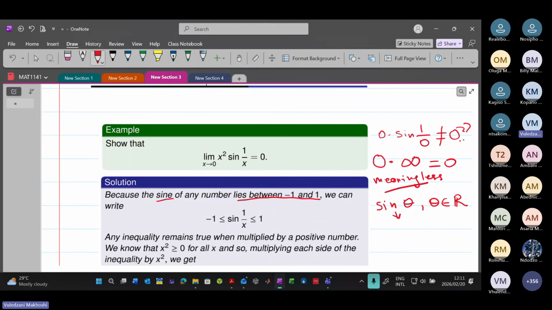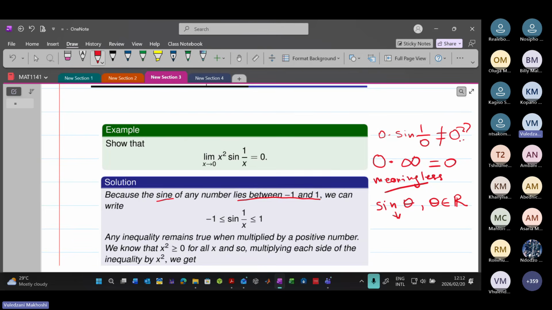Now, we make use of the fact that the sine of any real number lies between -1 and 1. And we write what we have here. If we have any real number, then the sine of that number, which is just 1 over x, any number which is not equal to 0, because of that, this result will lie between -1 and 1.